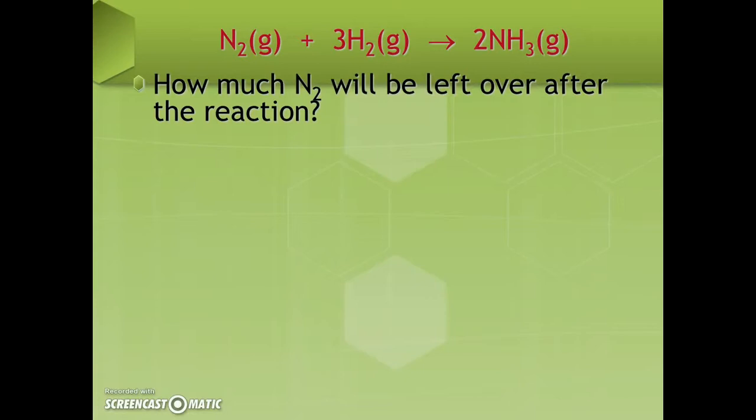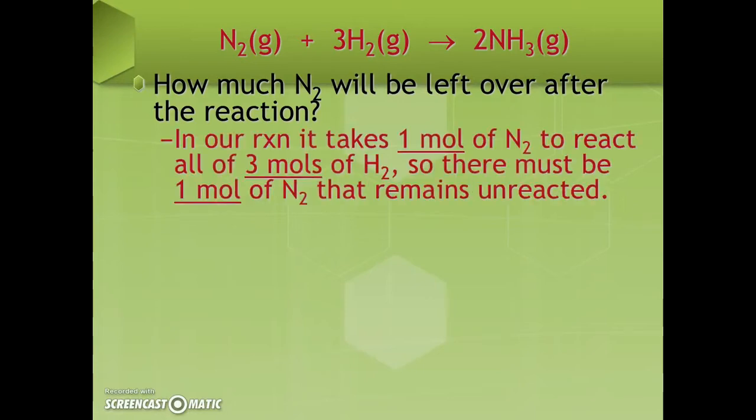And we can even calculate how much will be left over. In this case, we could do it by examination, though usually we'd have to do a calculation. We know that we can only react 1 mole of nitrogen with the 3 moles of hydrogen. And that means we have 1 mole left over because we started with 2 moles of nitrogen.